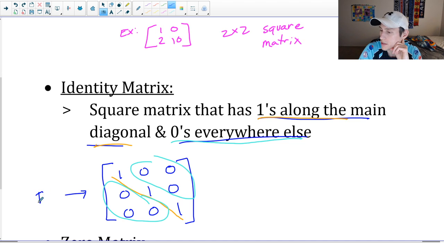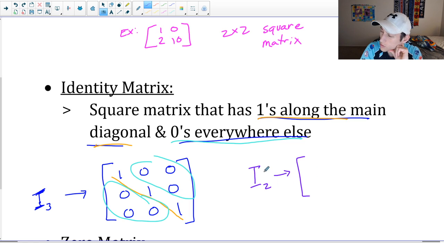We would call this I3. I for identity, and 3 meaning there's 3 rows and columns. Okay, but we could also see, let's say I2.